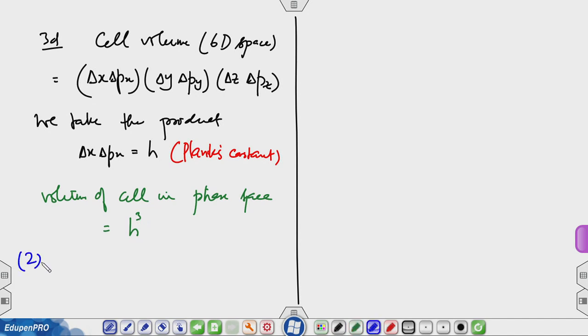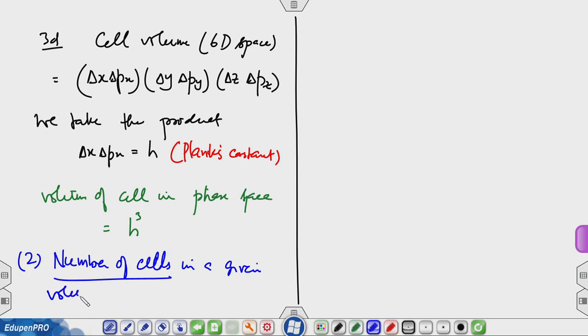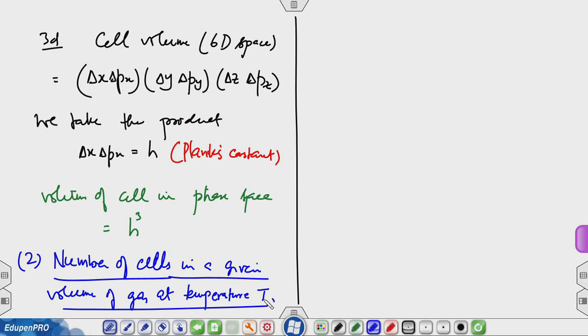Second, we count the number of cells in a given volume of gas at temperature T. So, this number of cells is going to be equal to the volume in space times the volume in momentum space divided by h cubed.